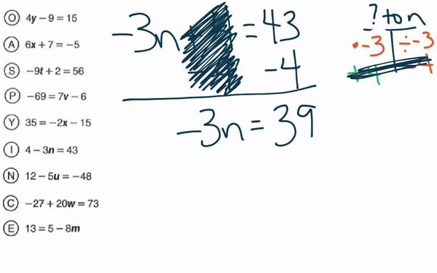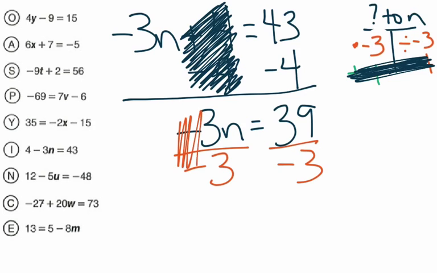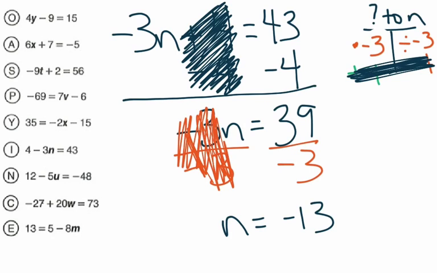And my 4s are taken care of. The next thing that I have to do is divide by negative 3. And these negative 3s go away. And then 39 divided by negative 3 is negative 13. And that is the answer.